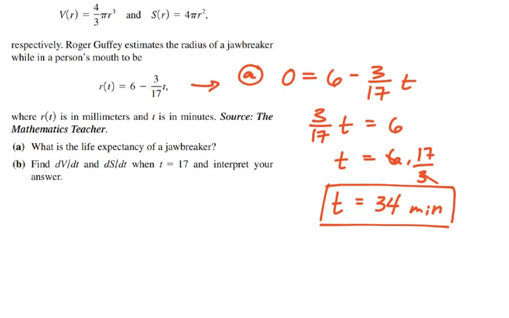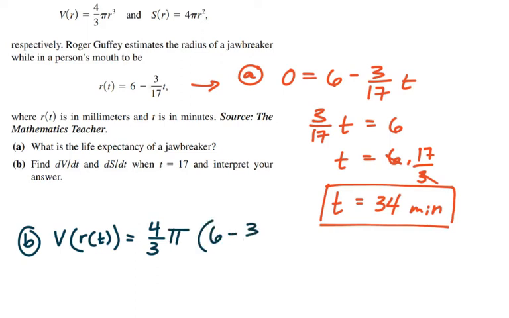However, what we can do here for part B, and we're going to do this twice, is find that composition function. So V of r of t is 4/3 pi times (6 minus 3/17 t) quantity cubed.